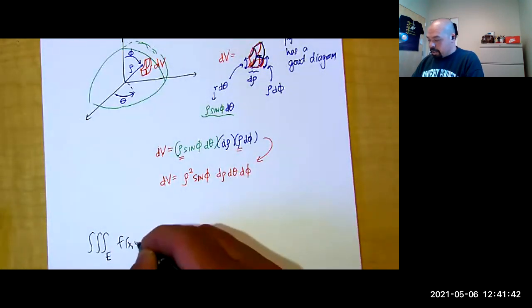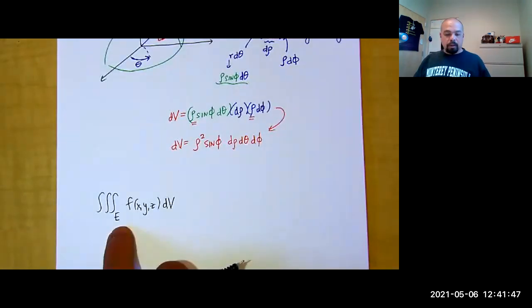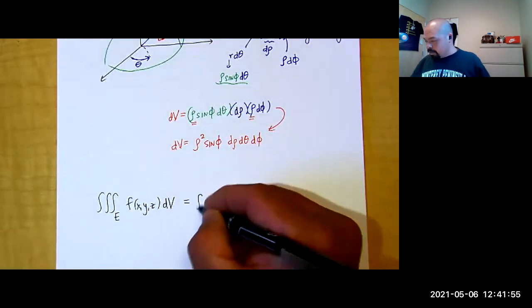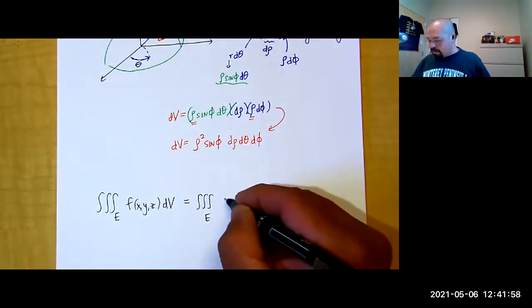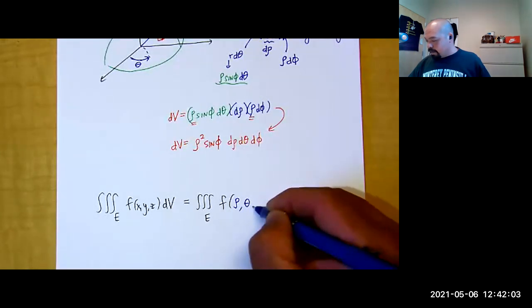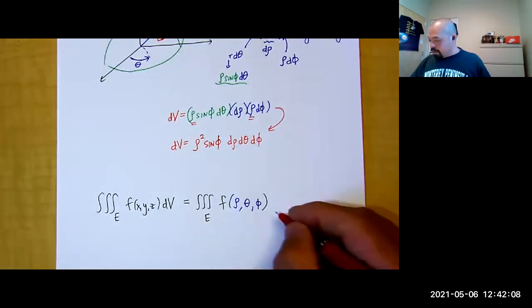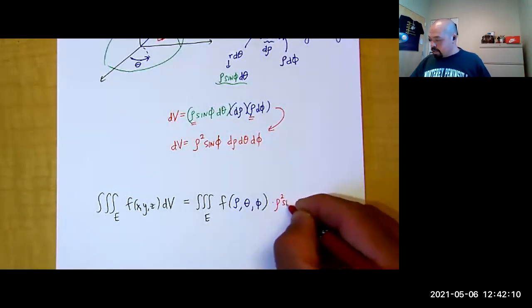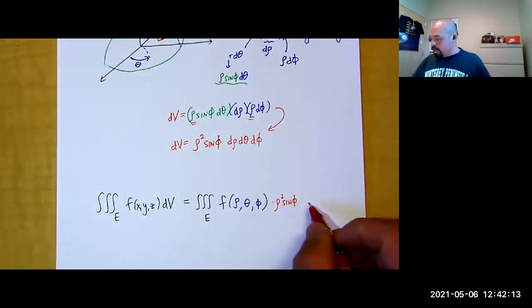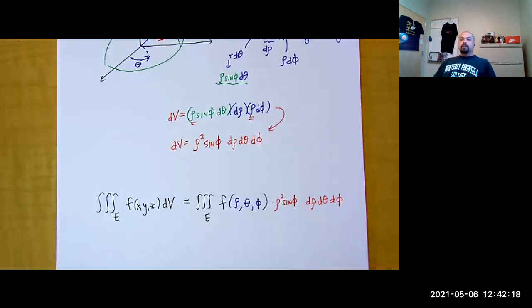So in the end, when we start to see these functions that we're integrating over this three-dimensional space, and that region E is spherical, conical, a cone, we can start to rewrite this as still dealing with that region E, but now having our function in terms of rho, theta, phi, and that dV component, rho squared sine phi d rho d theta d phi.